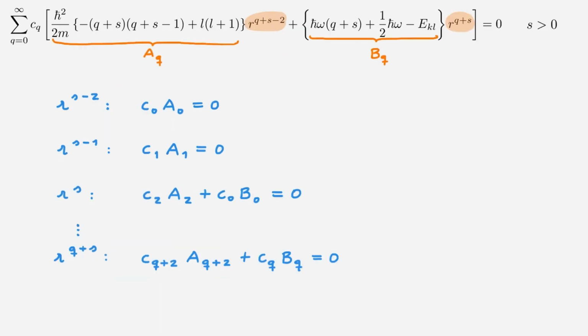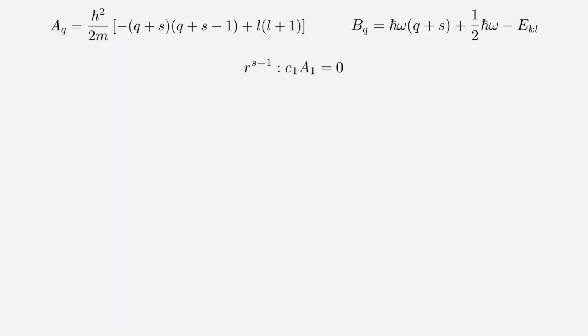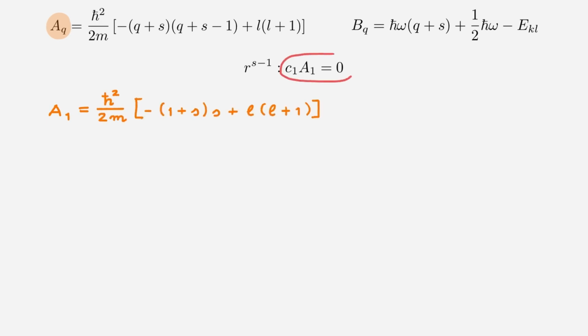Okay, so going back to our set of equations, we see that the next one corresponds to the power s minus 1. Using the general expression for A_q up here, we can write down A_1 explicitly. The equation for c1 here then becomes this.